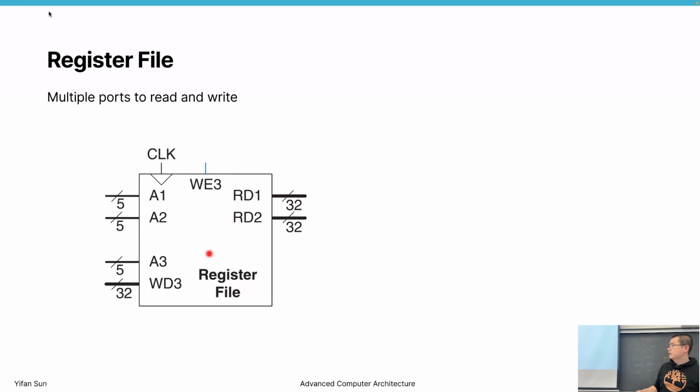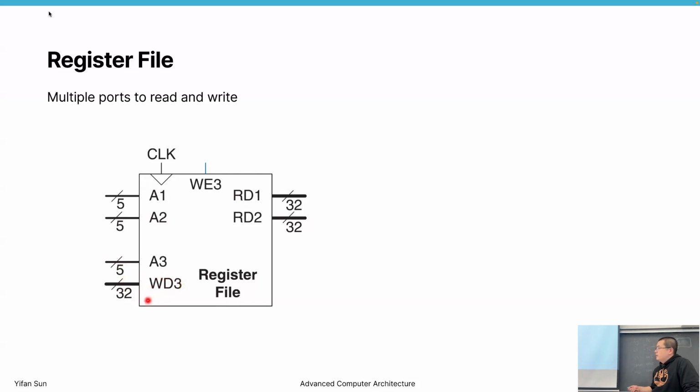So if A1 has one input, then RD1 will get the output next cycle. Now A2 and RD2, now A3 is for write. Now we can write the data, then we put the WD3 on this side. You can consider everything on this side is input, everything on this side is output, right? We put in input, then A3 and write 3, then we write the data into this register file.